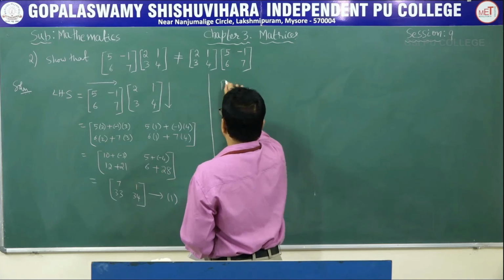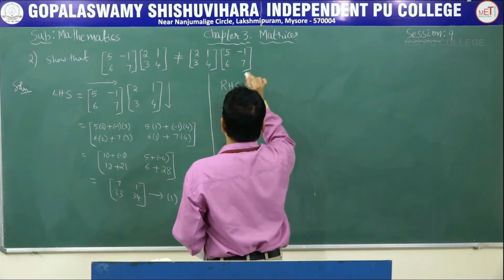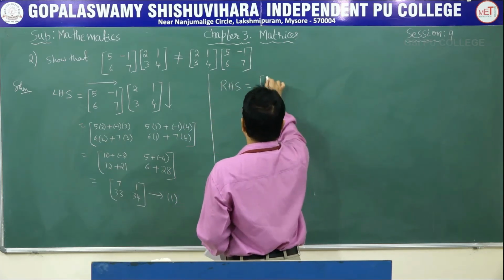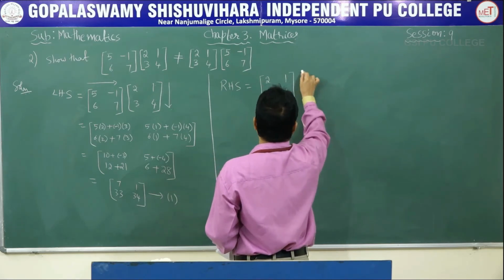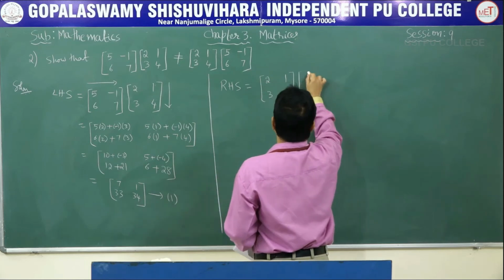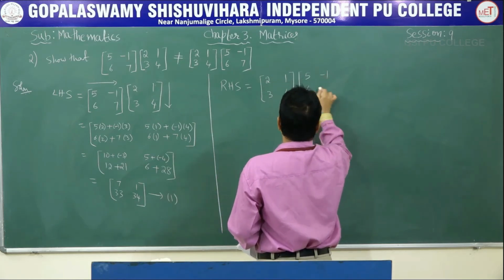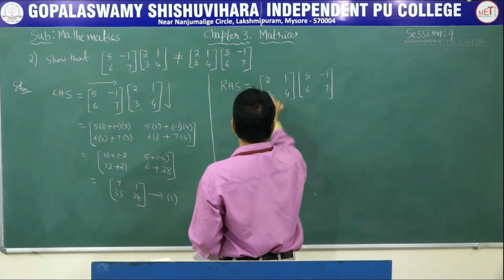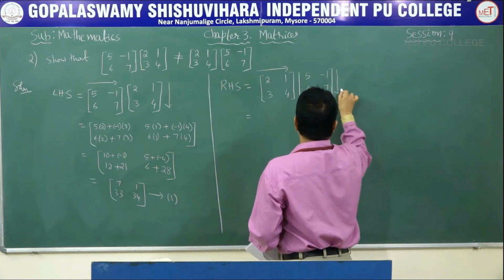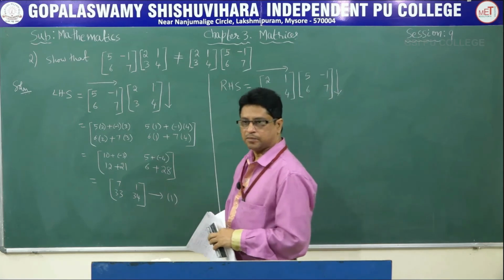So next we consider the RHS part. RHS is equal to [2 1; 3 4] into [5 minus 1; 6 7]. So the rule is row into column.